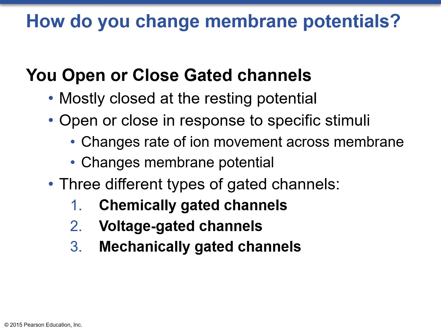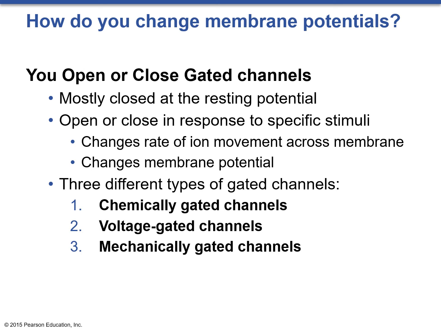We often do so with different channels. You can open or close gated channels to change the permeability of the cell. Most of these channels are going to be closed at resting potential, and they open or close in response to a specific stimulus. This changes the rate of ion movement across the membrane and therefore changes the membrane potential.